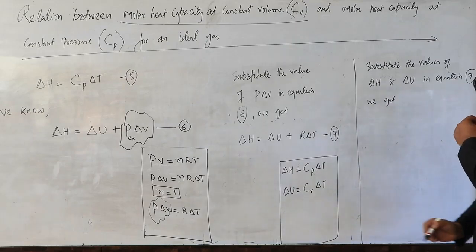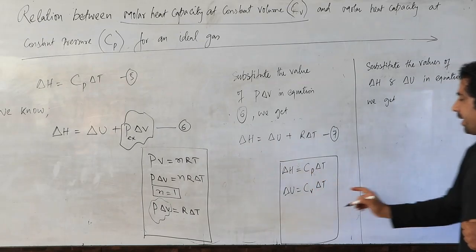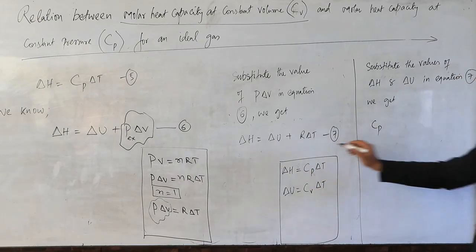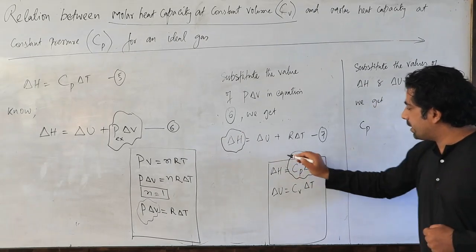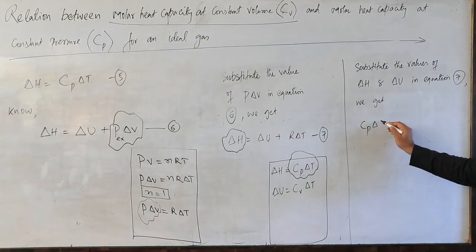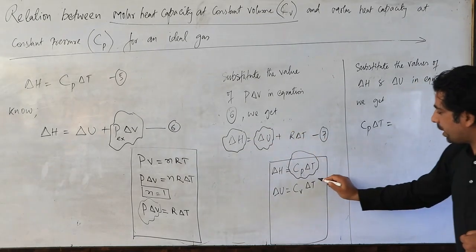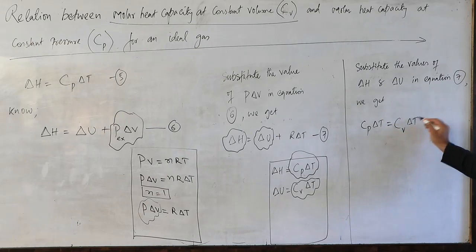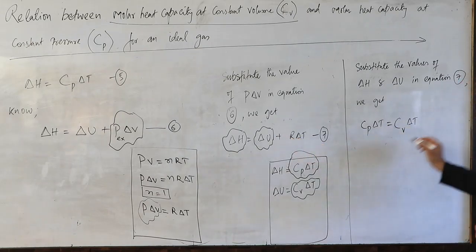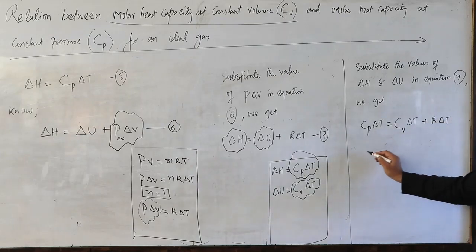So what's my equation number 7? In place of delta H, I will write Cp delta T, and in place of delta U, I will write Cv delta T, plus R delta T. Now let us simplify it.